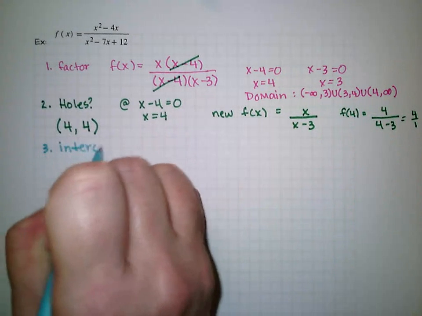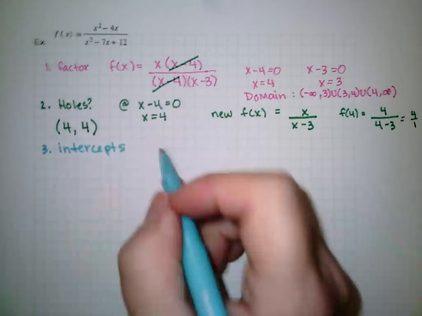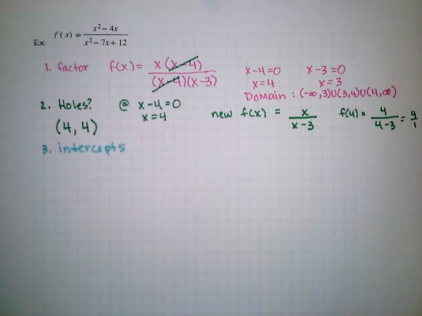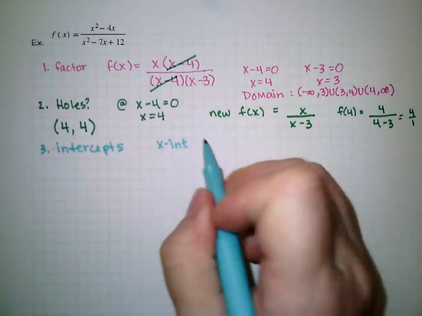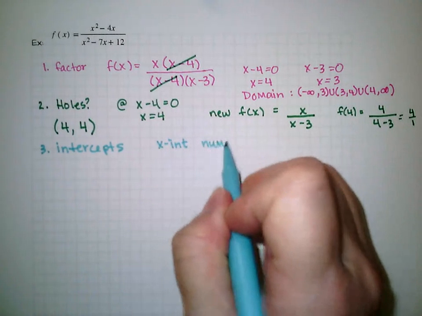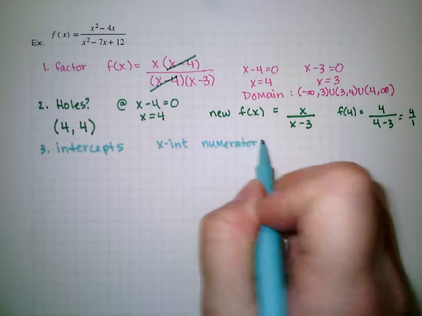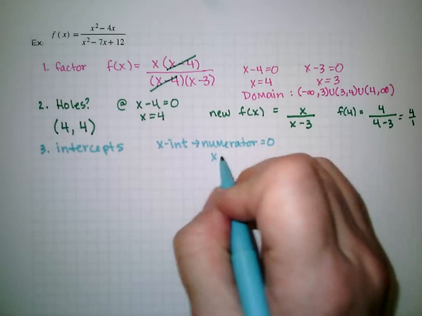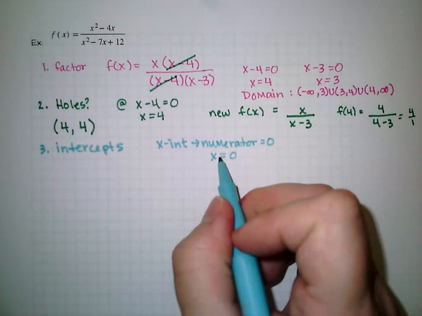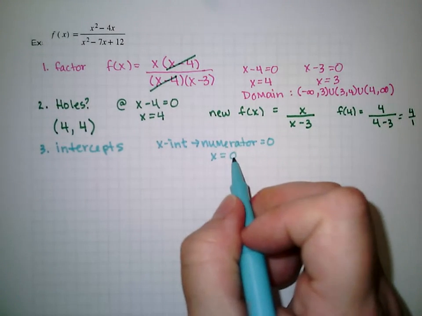Intercepts. So for the x-intercepts, we set the numerator equal to 0. Our numerator is x, so we go x equals 0. So our x-intercept is going to be (0, 0).